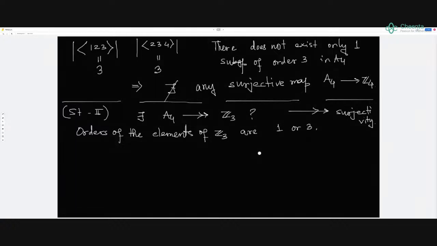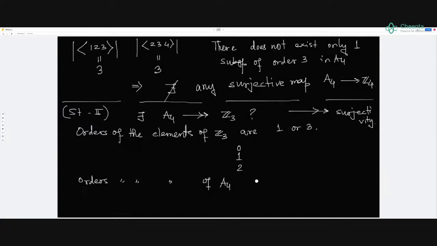So as you can see, what are the elements of Z3? The elements of Z3 are 0, 1 and 2. Okay. So what are the orders of the elements of A4?